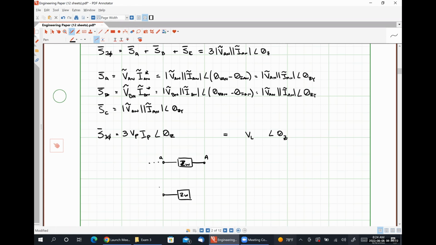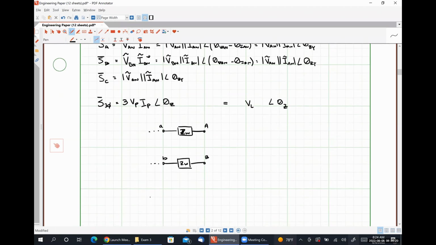So here's ZW, lowercase b, here's uppercase B, and here's our C phase. Here's our uppercase C. I'm just doing ellipses on the left-hand side because it literally does not matter if we have a Y connected source or a delta connected source for this discussion.